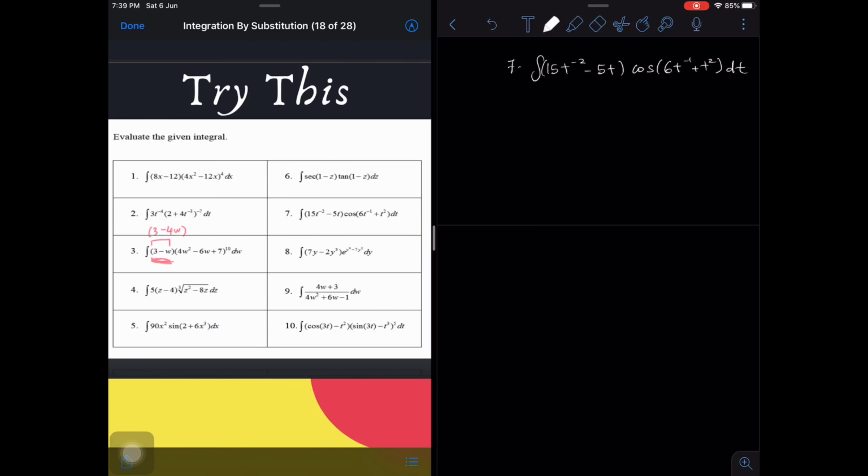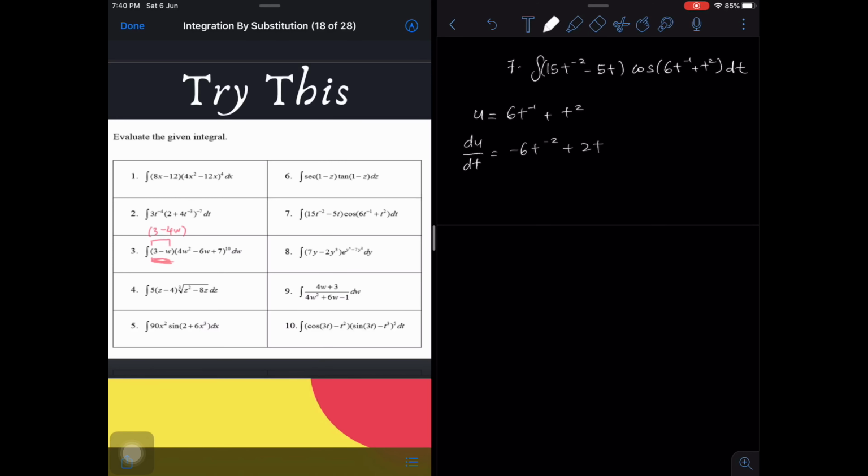So we want to substitute our u. We want to use the substitution u equals 6t to the power of negative 1 plus t squared. Therefore, we have du over dt equal to negative 6t to the power of negative 2 plus 2t.